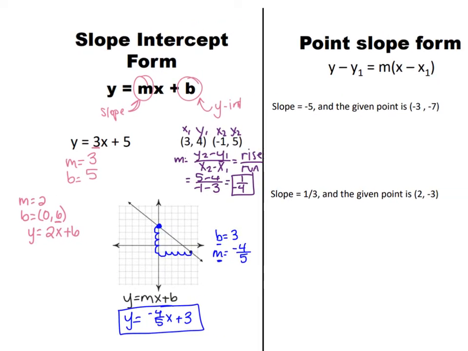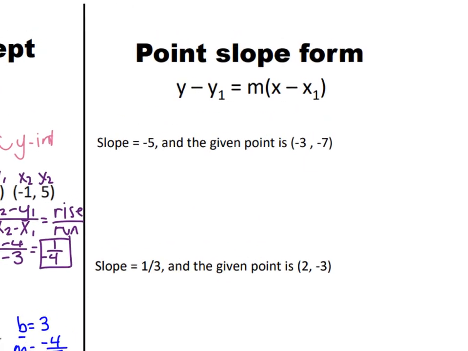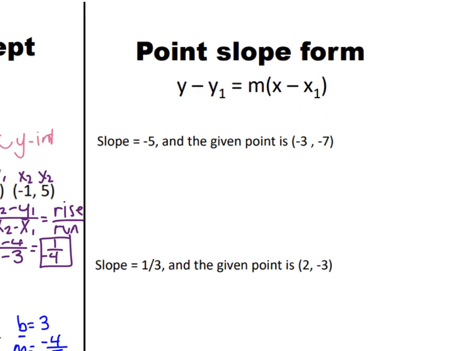Moving forward, we're going to look at our point-slope form, okay? This is where a situation where you are going to be given a slope and a point, okay? When you're given these 2 things, you're going to look at point-slope form, all right? This is because you would be able to plug in your point and a given slope.